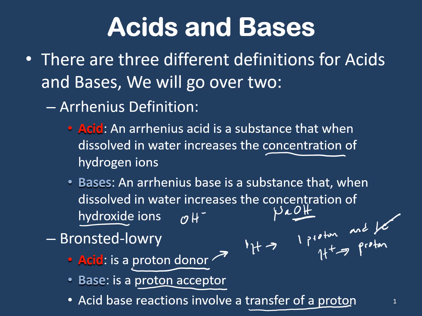We can replace the word proton with hydrogen ion. So a Bronsted-Lowry acid is just a hydrogen ion donor. And a Bronsted-Lowry base is a hydrogen ion acceptor. And really what we're doing in an acid-base reaction is handing off a hydrogen ion from one thing, the acid, to another, the base. So those are the definitions.